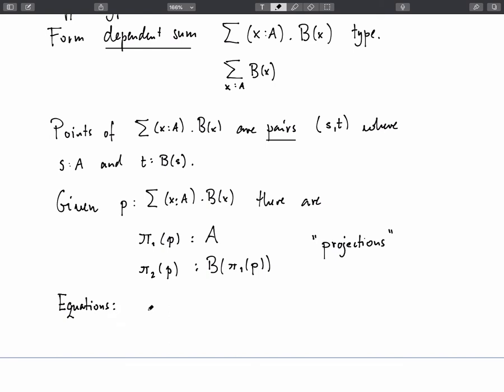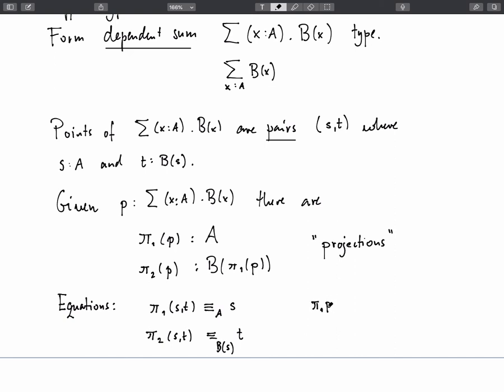Okay, what equations do we expect? Oh, here's one. What is the first projection of S and T? Oh, presumably S, okay. And then what is the second projection of S and T? Well, presumably T, but what space is this happening in? B of S. Yes. Okay, and there's a third one, which is what happens if I take the first projection.